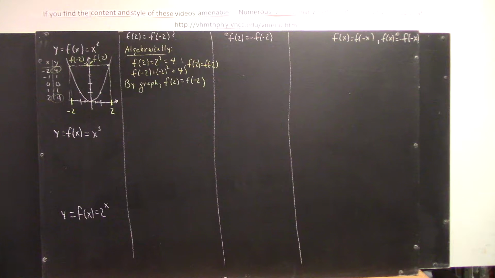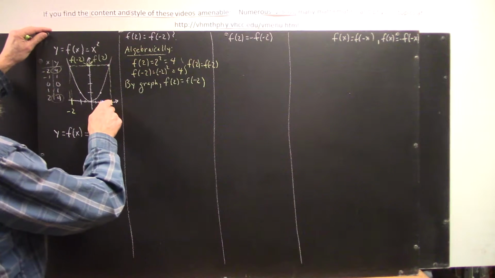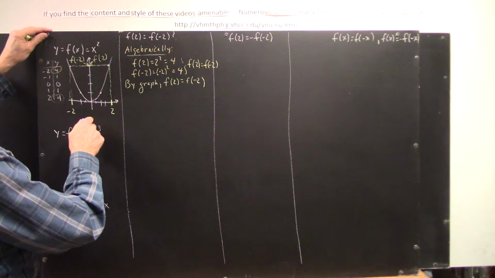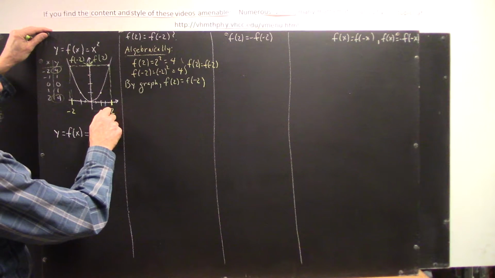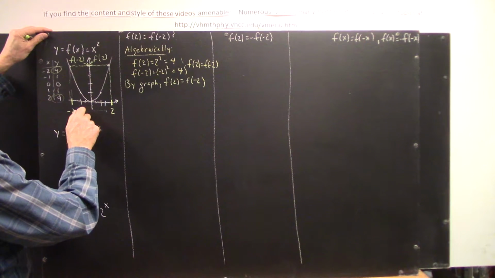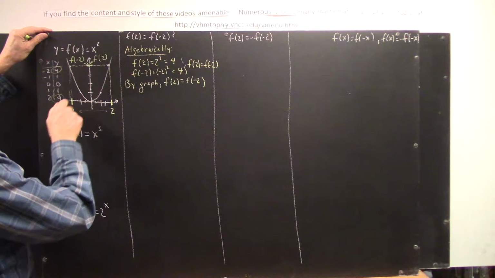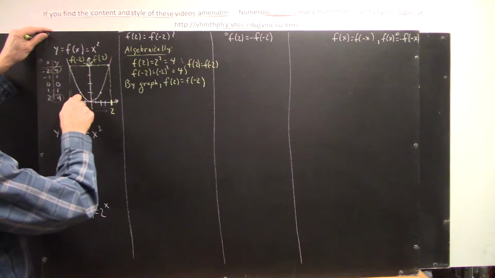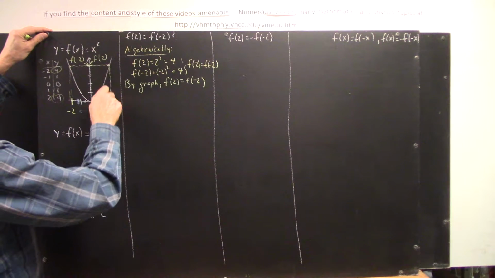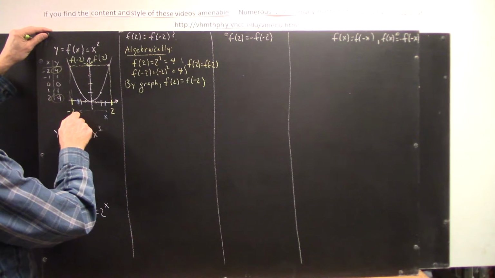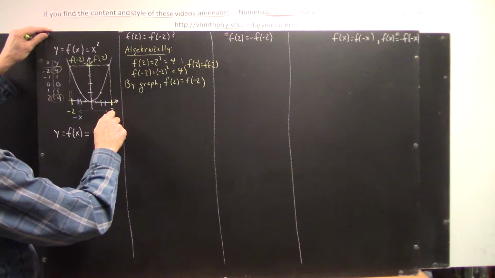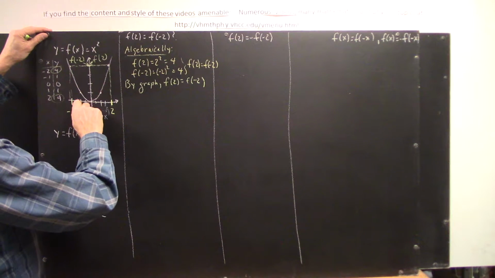Okay, more generally, we could say that if we have any value of x, and let's just take a value of x here, and a value of x at an equal distance on the opposite side of the y-axis, we go over an equal distance and we get a point here. So this is our value x, this is our value negative x, right there on the axis.